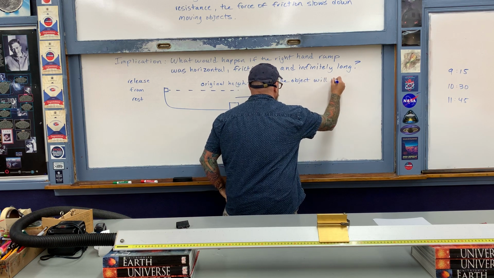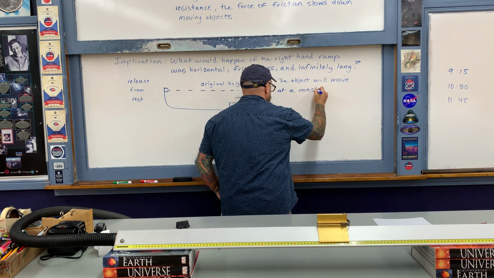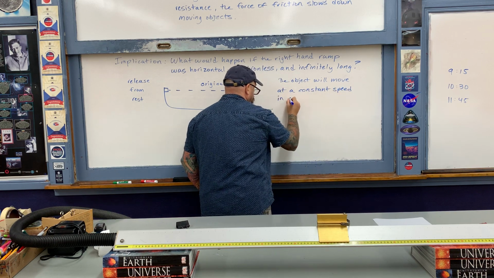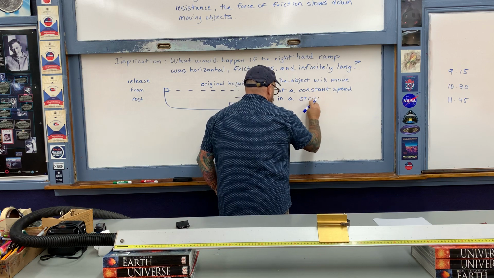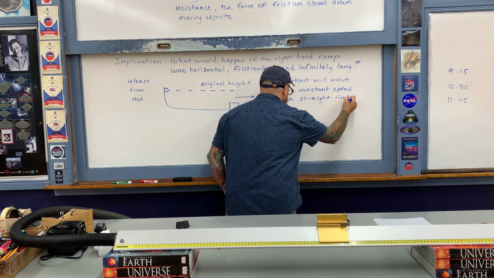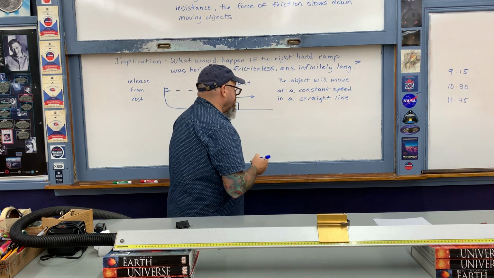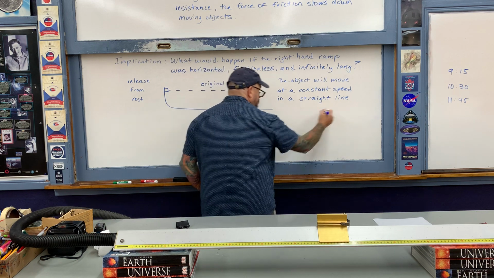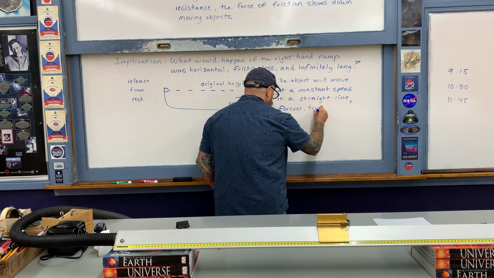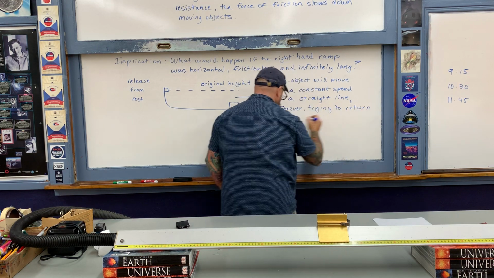Now, by the way, when I say constant speed in a straight line, what I'm specifically meaning is constant velocity. An object will move at a constant speed in a straight line forever, trying to return to its original height.